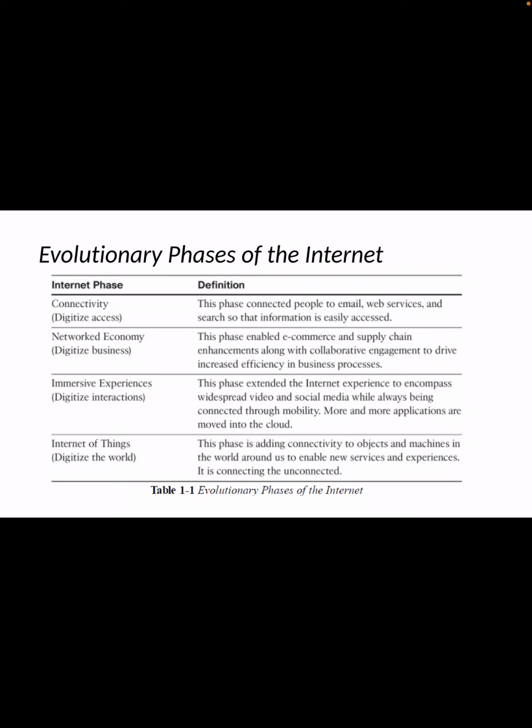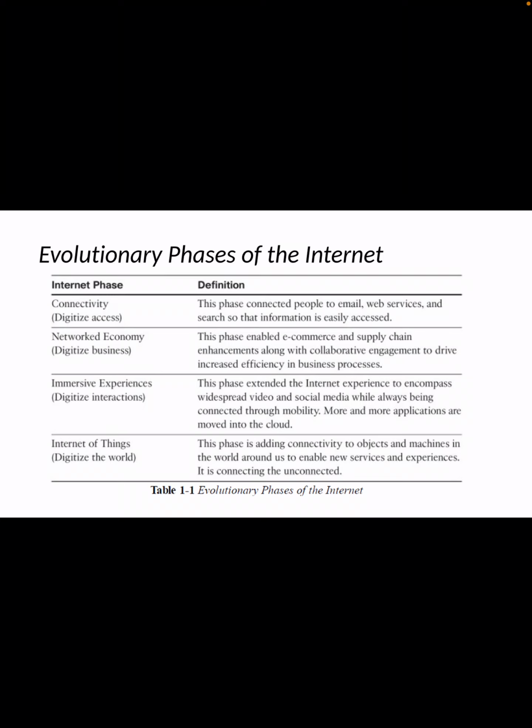And third one is digitized interaction. This phase extends the internet experience to encompass widespread video, social media, and always connected through mobility. That means in digitized interaction, we try to analyze how exactly video and social media are available to the users.